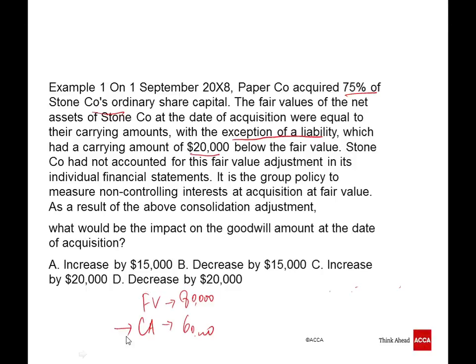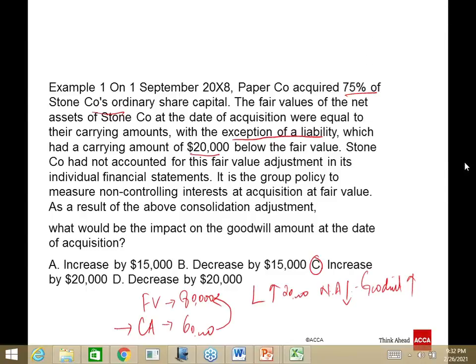So if the carrying amount is 60,000 and the fair value is 80,000, according to IFRS 3, this liability should be reported at this 80,000 value. So you need to increase the liability amount by 20,000. So the net assets will go down actually, and the goodwill will go up. So we have made a mistake. The answer is C.